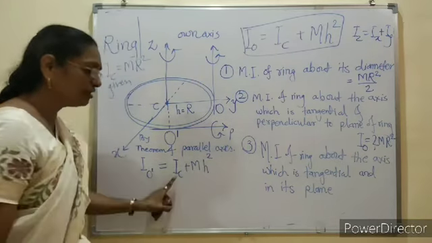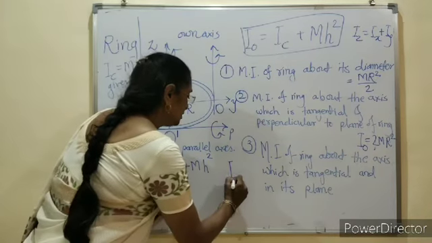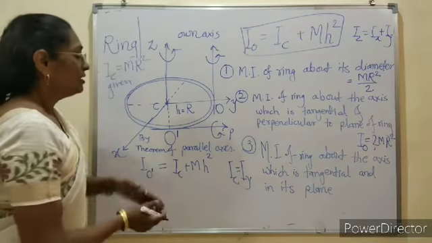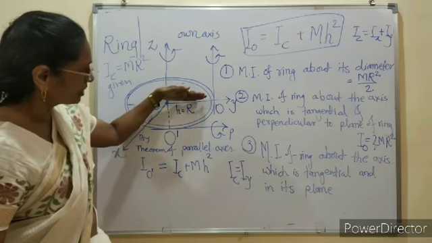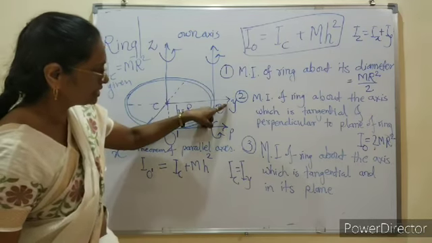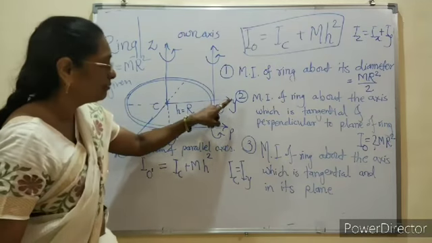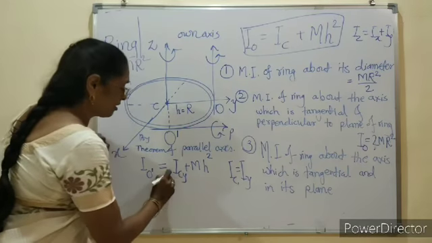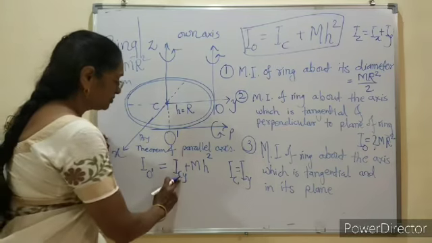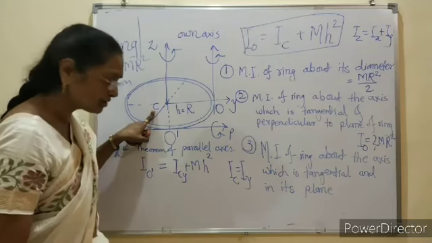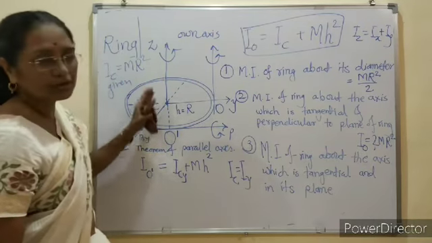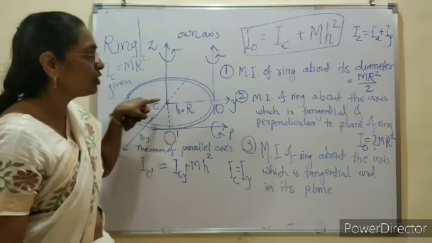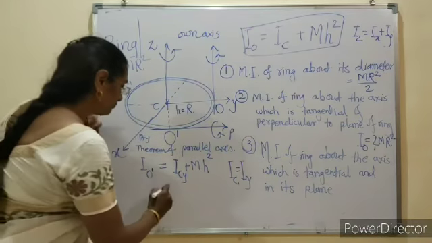we have to make clear here that IC in this case is IY, because the moment of inertia about the parallel axis means passing through the center of mass, but along the y-axis we have to consider, so we write ICY, meaning the moment of inertia passing through the center of mass but not perpendicular. It is the axis which is parallel to the y-axis, or coinciding with the y-axis here.